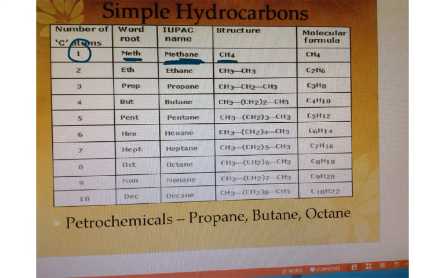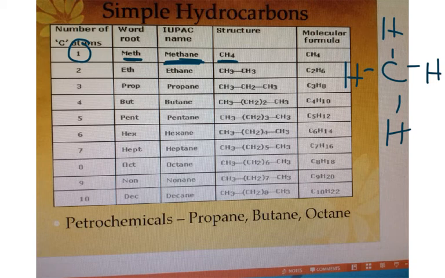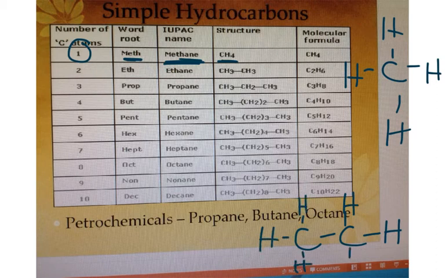That's CH4. Okay, that's a carbon with 4 hydrogens attached to it. If there are 2 carbons, okay, so I'm going to do this one down here at the bottom, and it's covered in hydrogens, okay, that 2 carbon chain is called ethane. 3 is propane, 4 is butane, 5 is pentane, 6 is hexane, heptane, octane, nonane, and decane.